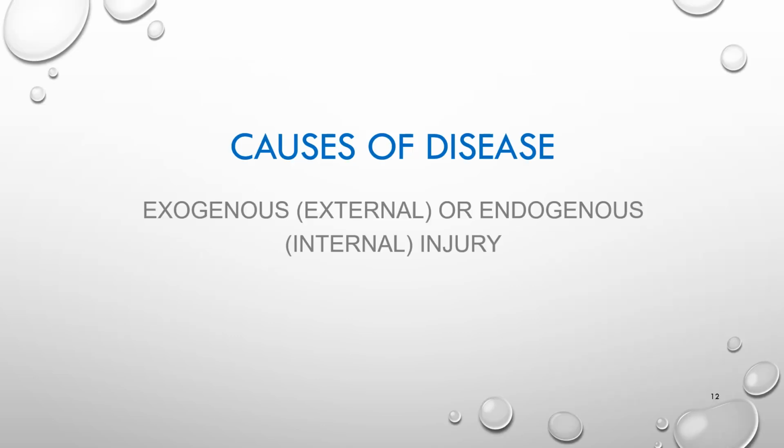Now we've talked about what disease looks like, let's talk about where it comes from. Broadly speaking, the causes of disease fall into two big buckets, exogenous and endogenous. Exogenous means external, something that comes from outside the body. Think of these as the things your body didn't invite but got anyway.